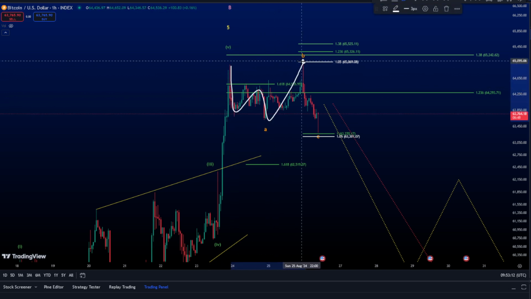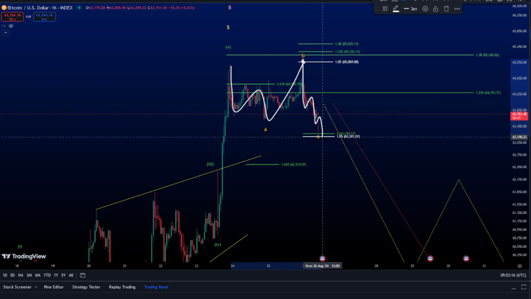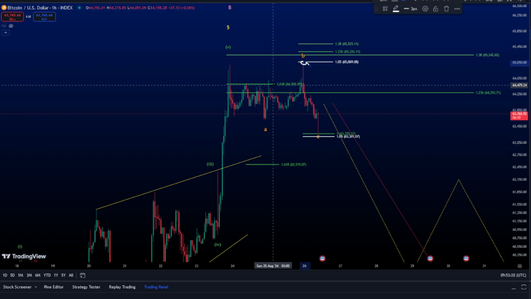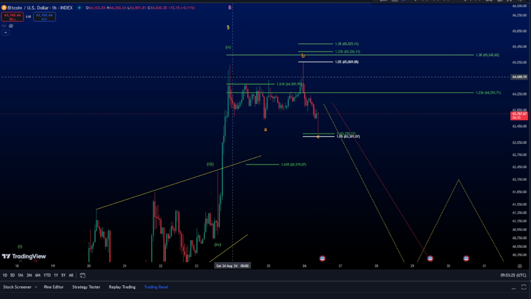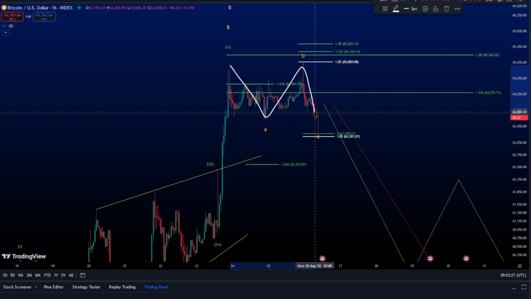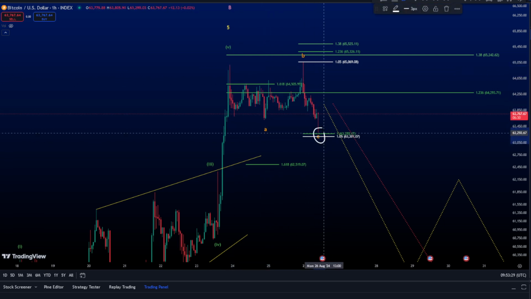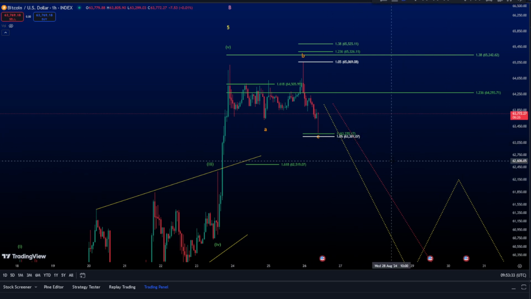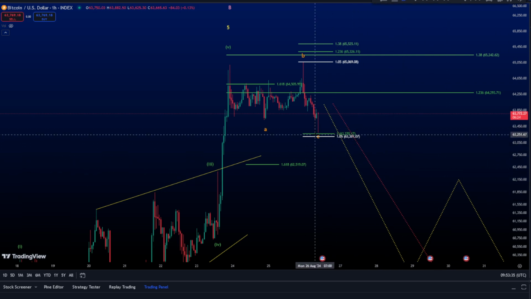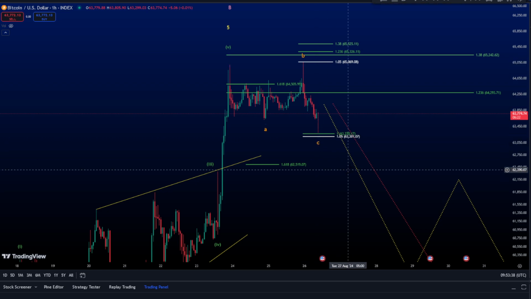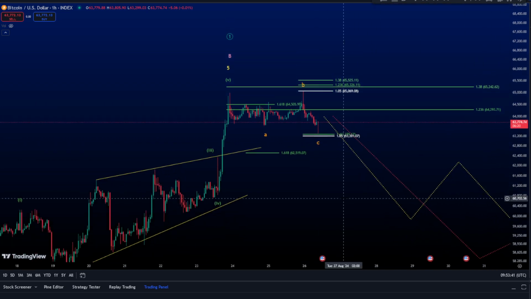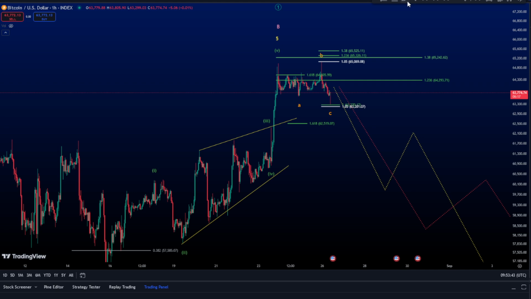If this is an expanding flat, based on the index here, we want to see a little bit deeper wave C, okay? But because of the different prices on different charts, I will consider this now just a flat, okay? And since we have seen a good rejection here on the given fib levels, I think this is already a regular flat.